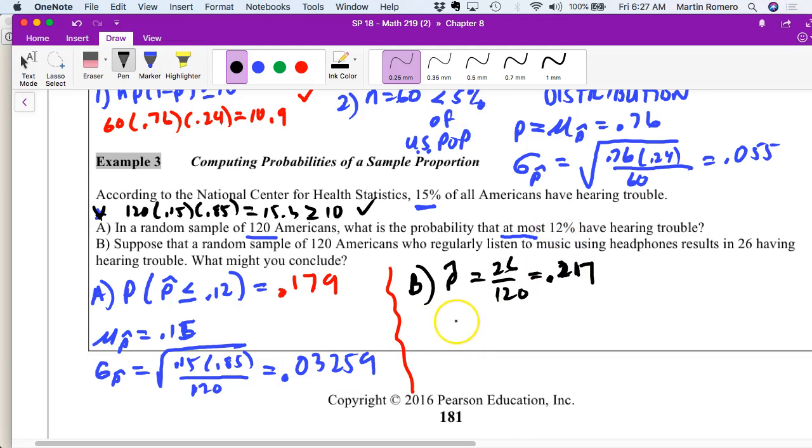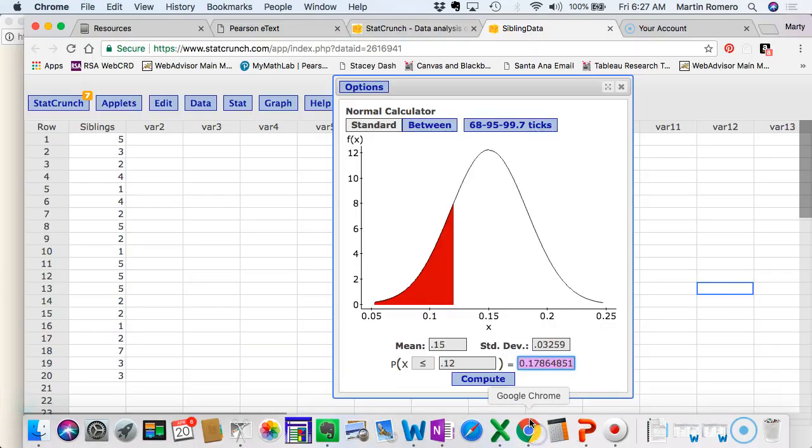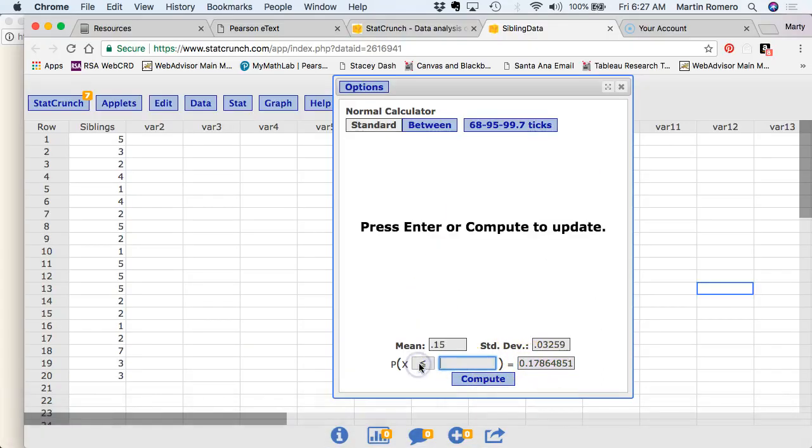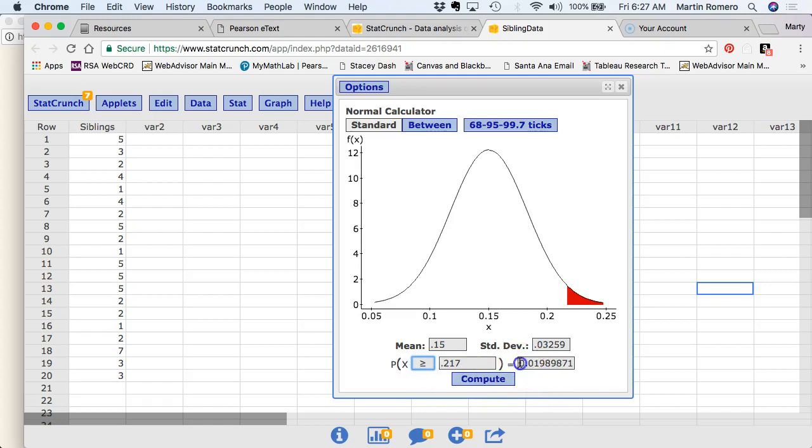So what's the probability that 22% of people have hearing loss when it's only 12% of the population? All we need to do then is find the probability that p hat is greater than or equal to 0.217. Same question here, same exact math. Everything stays the same. You're going to put in 0.217, greater than, and so what's the probability?